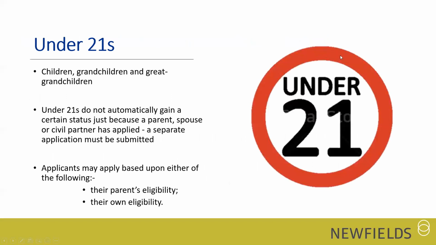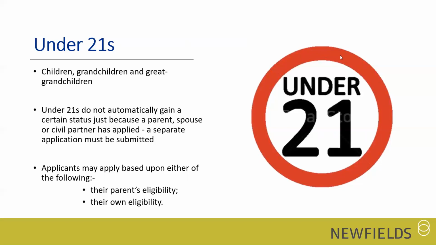Children. I remember there was a question regarding children in the chat box, so I'll just scroll back to that quickly. Children are considered to be individuals who are under 21.